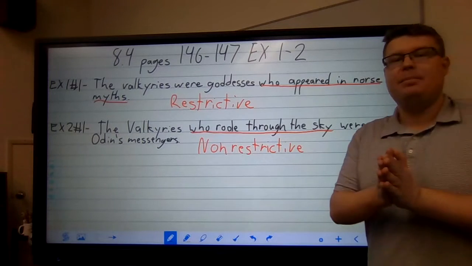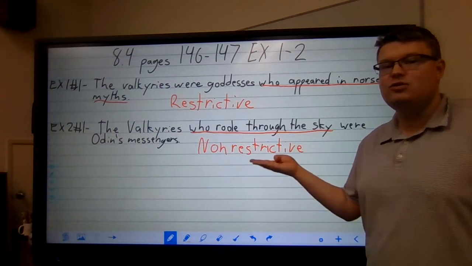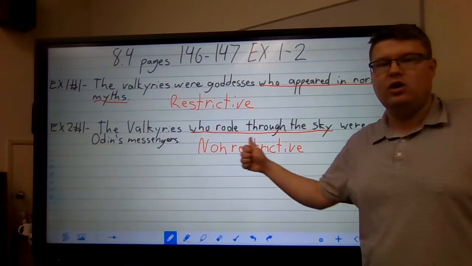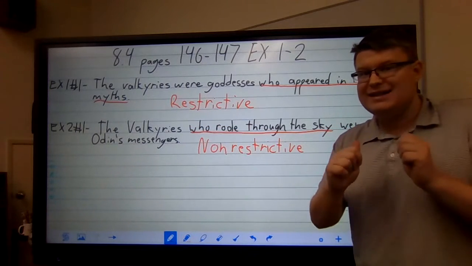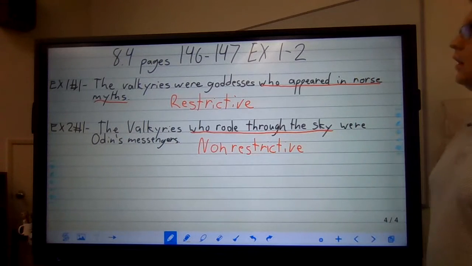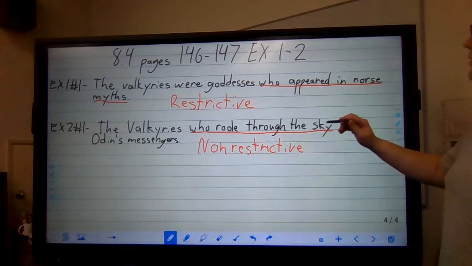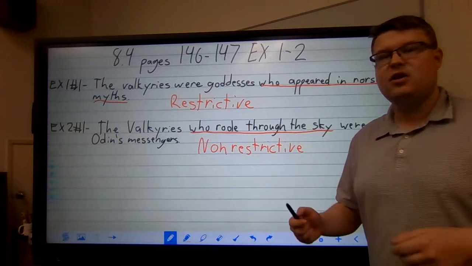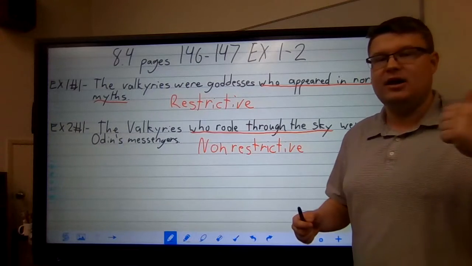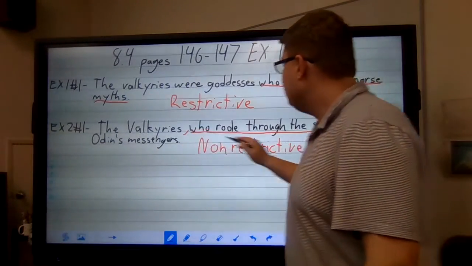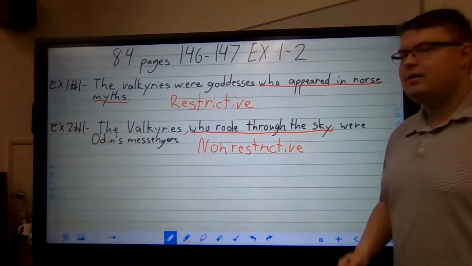The last step, if you get the answer non-restrictive by seeing that there's a proper noun before your clause, you will rewrite the sentence and add the commas where they are needed. The Valkyries who rode through the sky were Odin's messengers. A non-restrictive clause is offset by a comma in front and behind the clause. Who, sky.